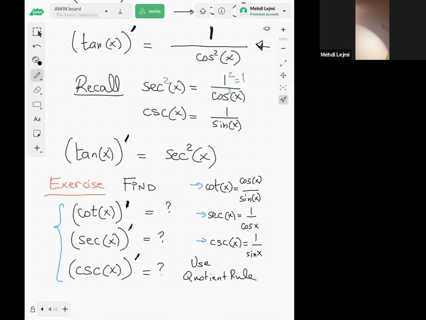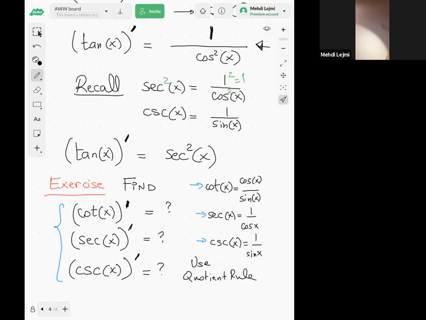Rahima, you're saying sine of x times secant square of x? Yes. In the textbook or in the literature, there are different ways to express the derivative.